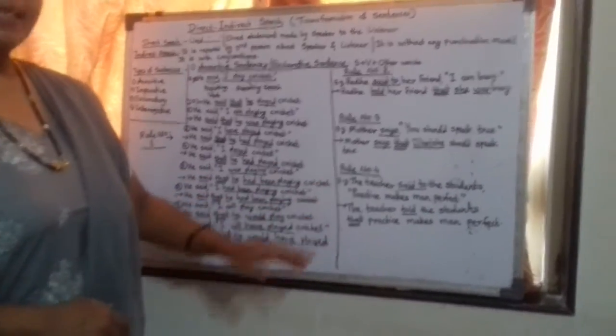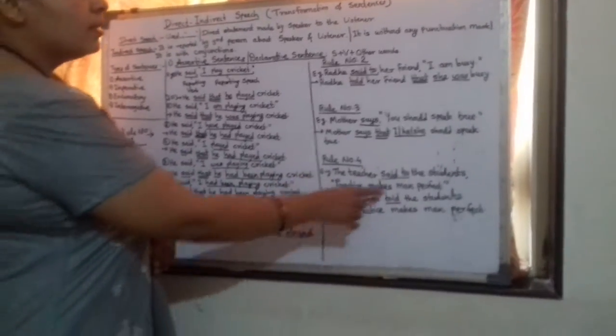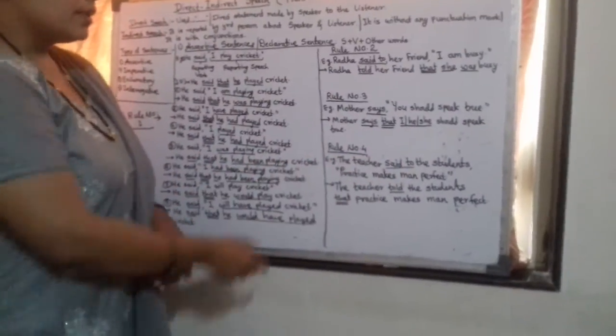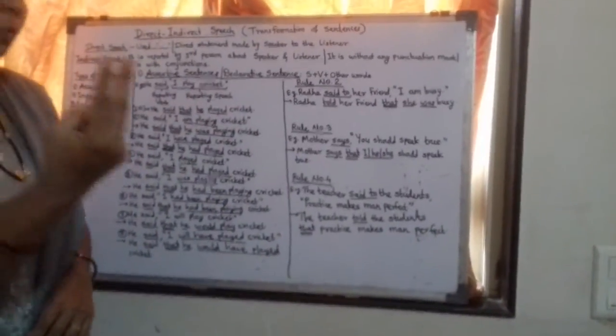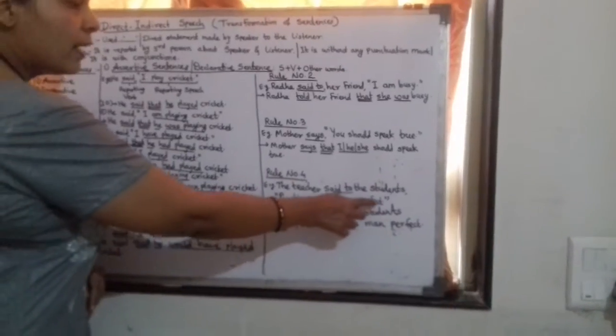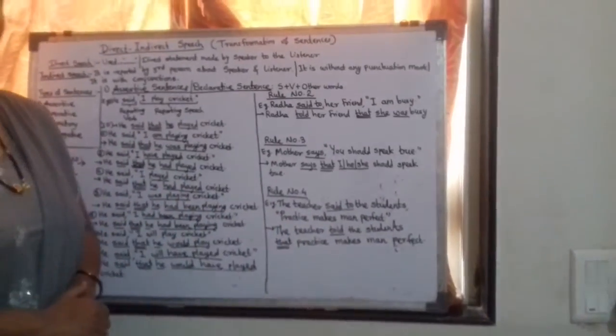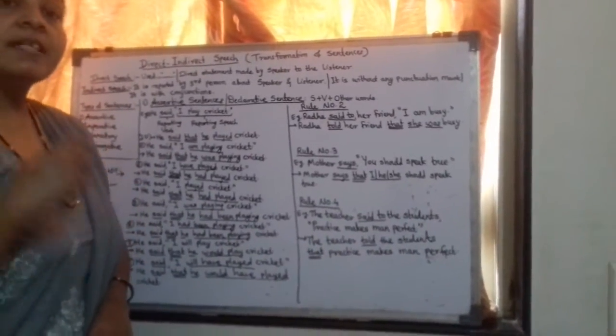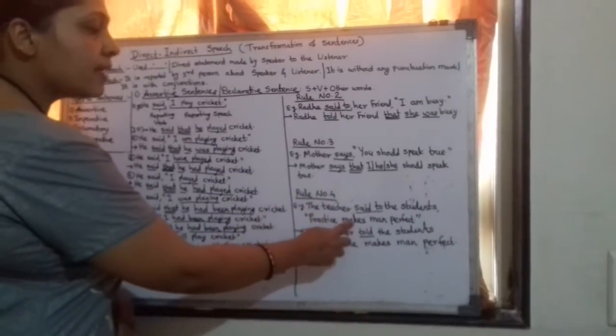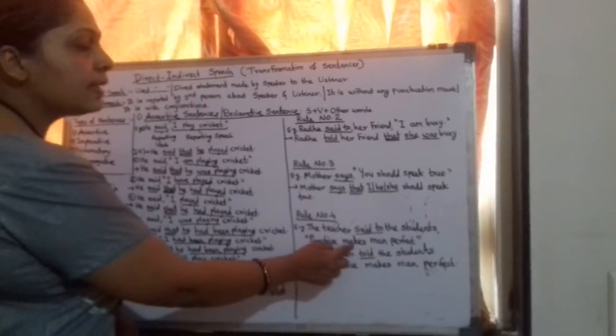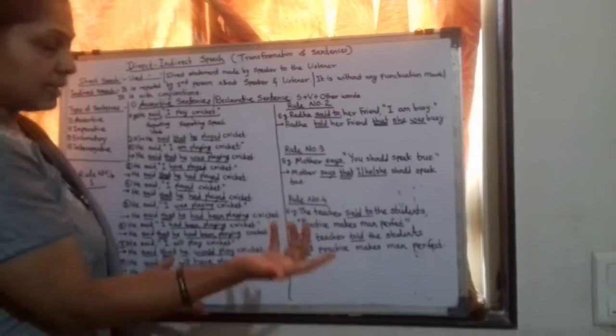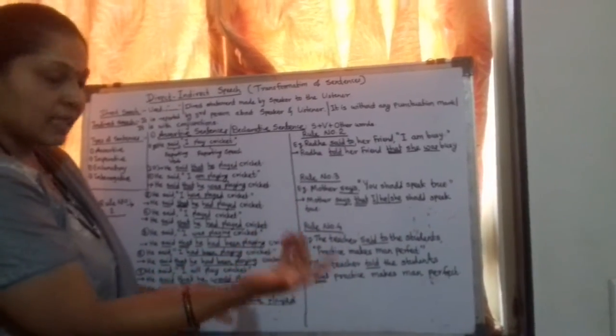Now rule number 4, that is the last one, where we have to concentrate on part of the sentence, that is clause number 2. In the second clause you can find a universal truth. When the clause contains a universal truth, then it is not necessary to change the tense. It can be written as it is. Let us see how it will be converted.